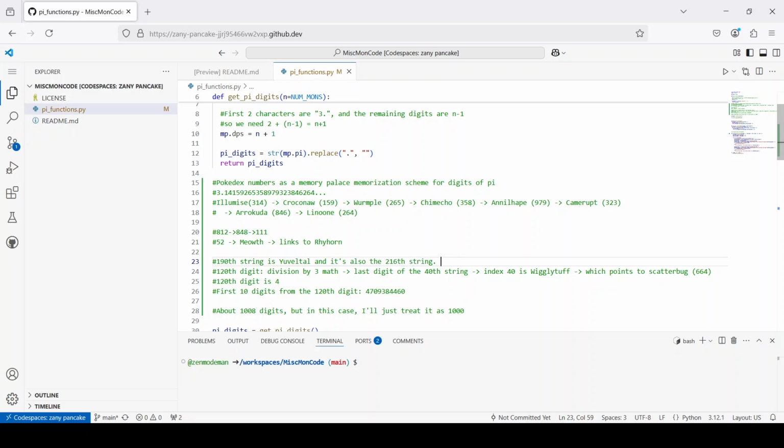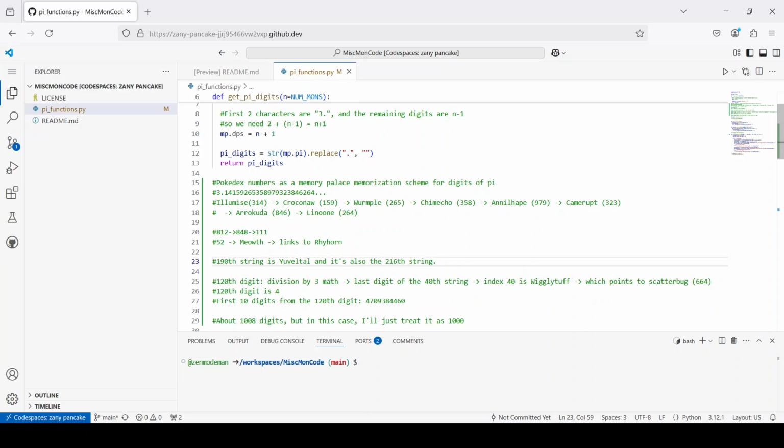And what's funny about that is since X and Y are the games about alphabets X and Y, there's 26 letters in the alphabet. The difference between 216 and 190 is 26.